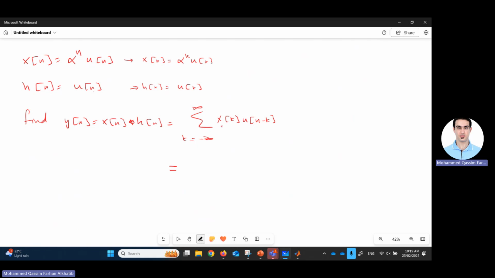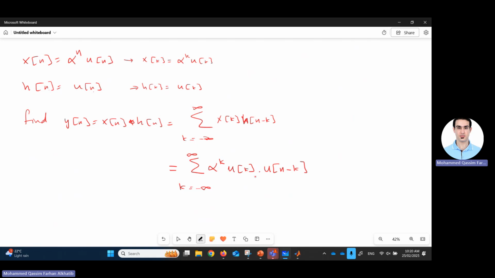So let's substitute: summation, k equals negative infinity to infinity, alpha to the power k, u of k, times h of n minus k, which is going to be u of n minus k. All right.